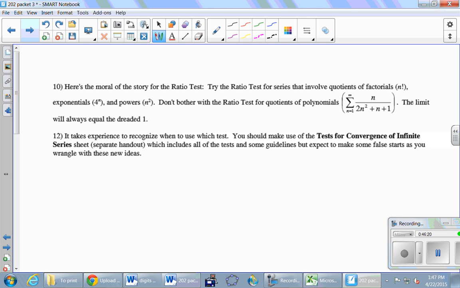If you see a factorial, you're definitely using the ratio test. But if you see polynomial over polynomial, don't bother with the ratio test. Okay, and then 12. Eli, have you read already? Gabe? There's no 11. Caitlin strikes again. I'm pretty sure I wrote this. Gabe, number 12, please.